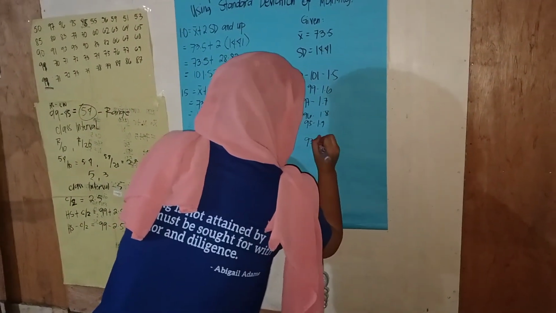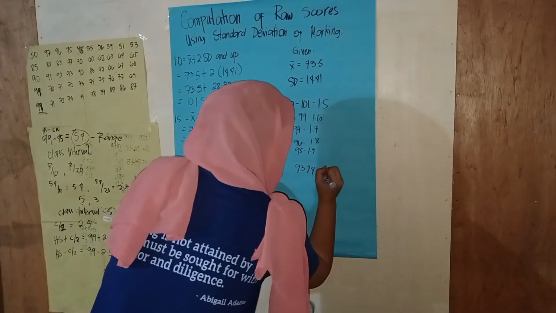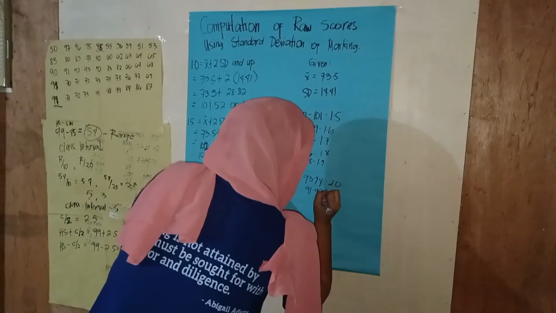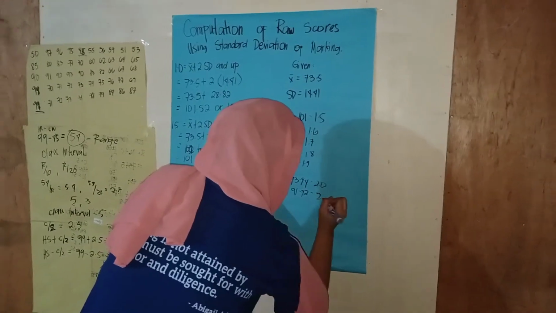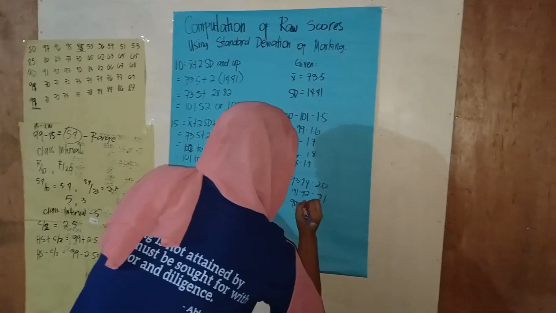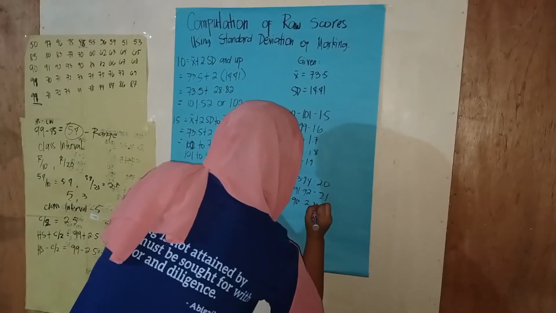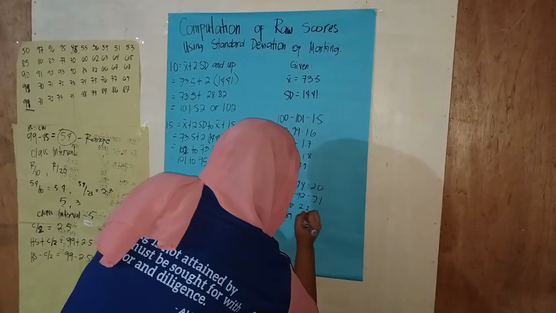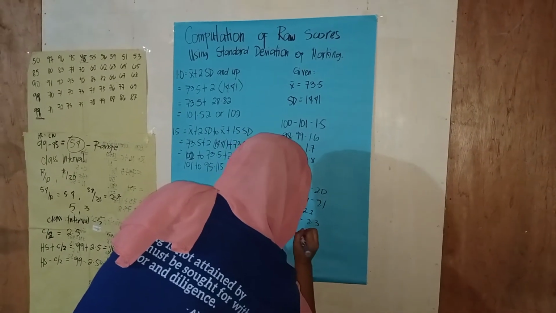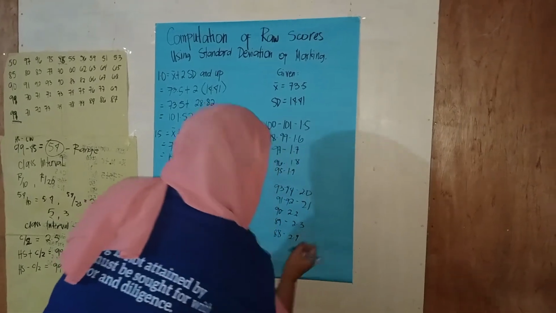So next is 93 to 94, 2.0; 91 to 92, 2.1; 90, 2.2; 89, 2.3; and 88, 2.4.